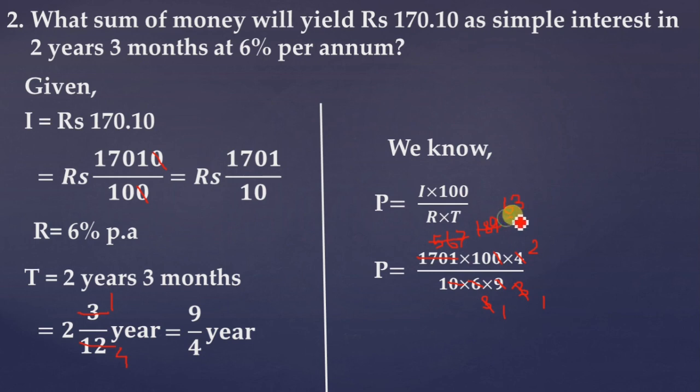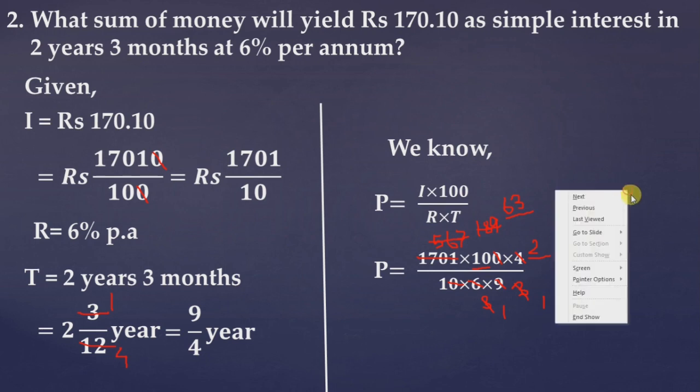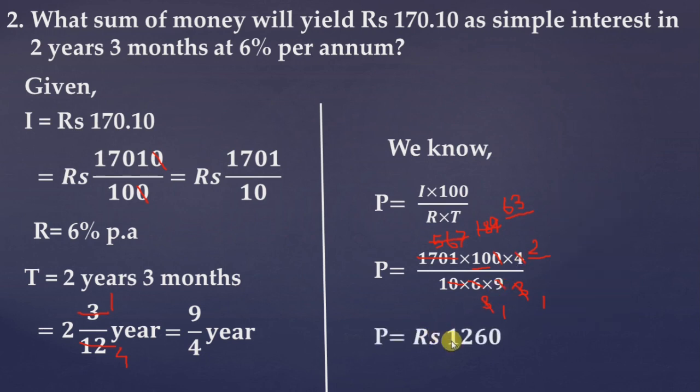So when I multiply 63, 10 and 2, I will get 1260. So our required sum is rupees 1260.